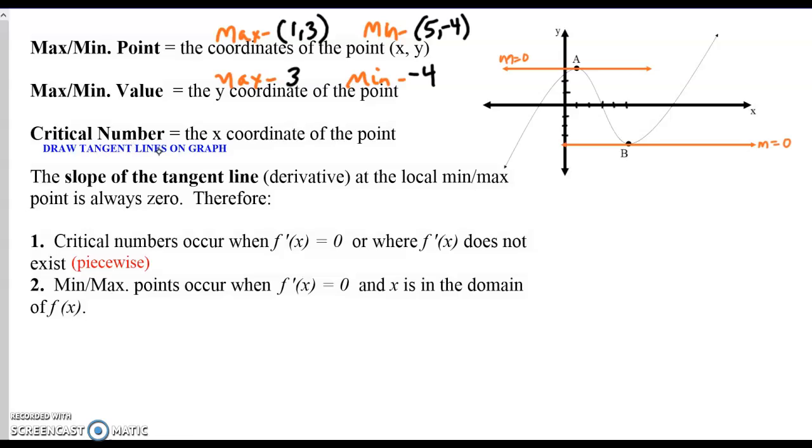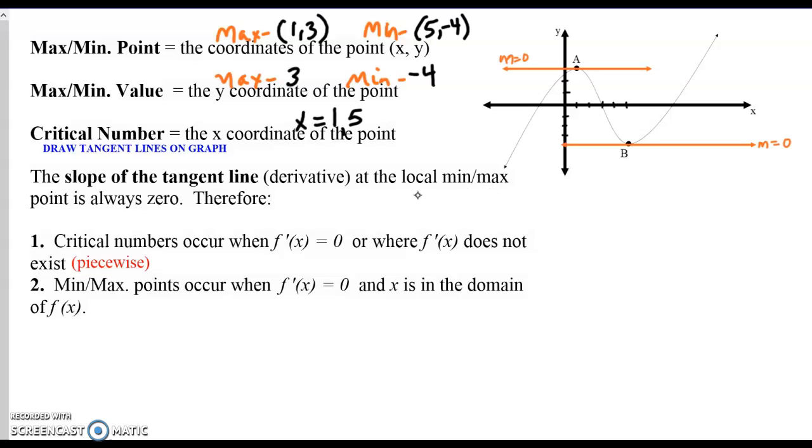The critical number refers to the x coordinate of that point. So the critical number of our maximum would be 1, and the critical number of our minimum would be 5, so x is equal to 1 and 5. The slope of the tangent line, which we know from past units is the derivative, at the local min or max point is always 0.